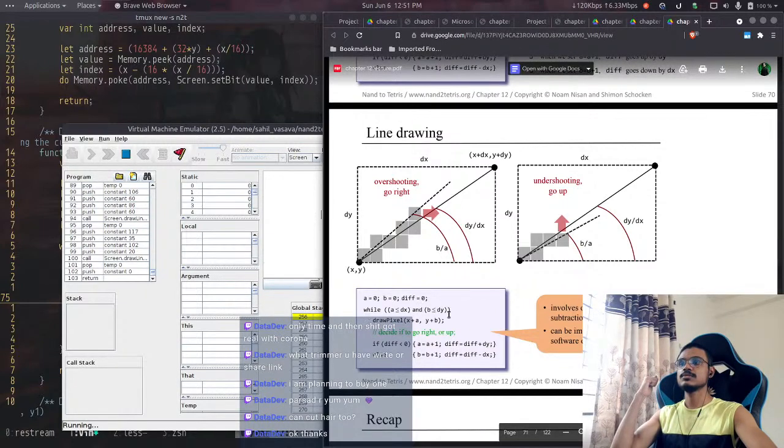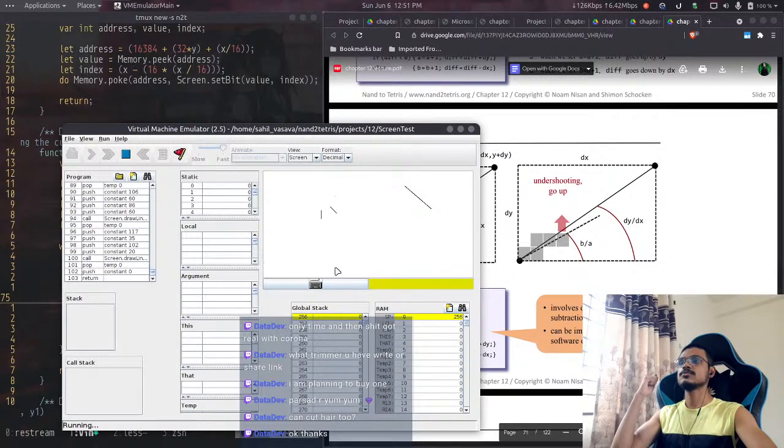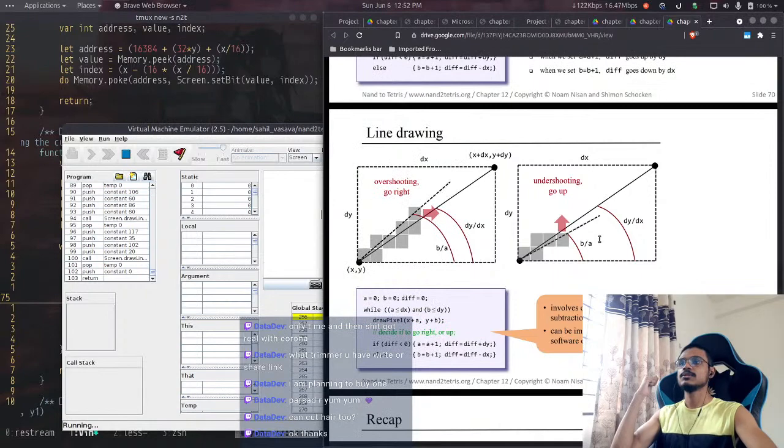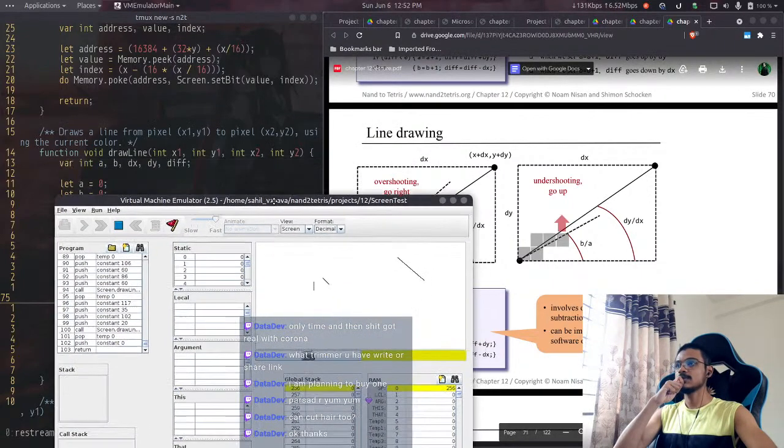This algorithm is supposed to work for lines going in the northeast direction, but it doesn't work. Why? What's the issue here?